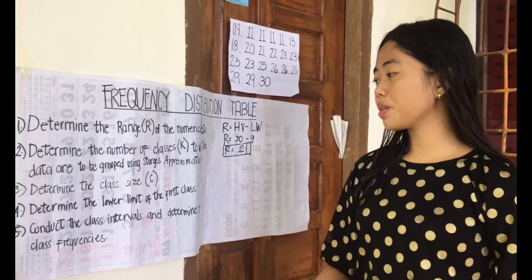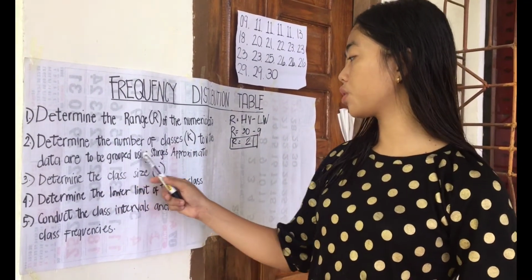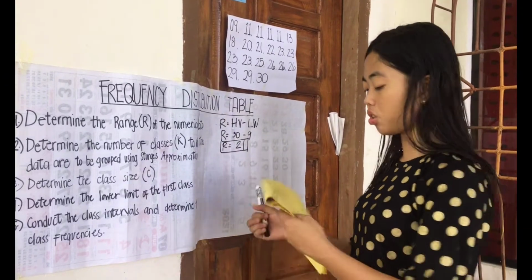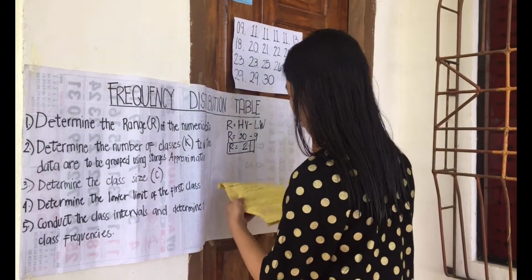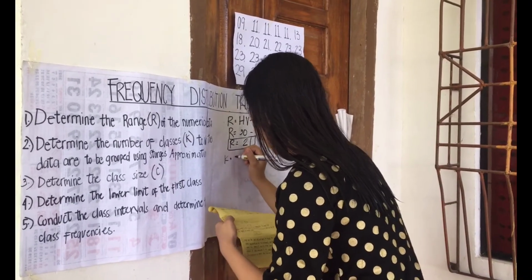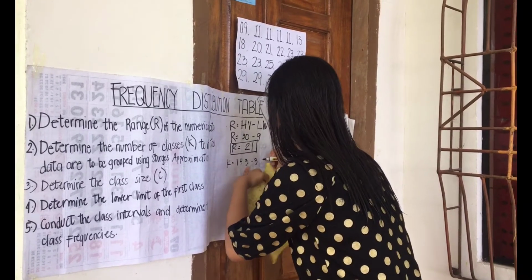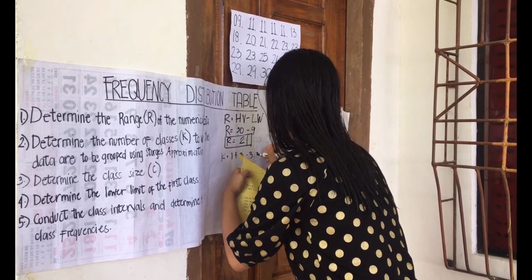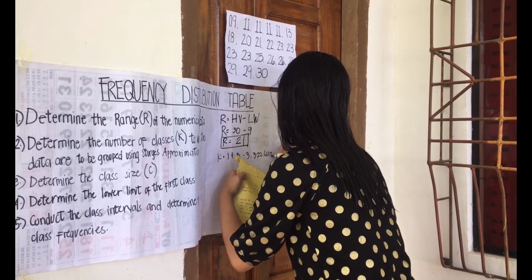The second step is to determine the number of classes to which the data are to be grouped using Sturges' approximation. So we have to use a scientific calculator. P is equal to 1 plus 3.322 log n.